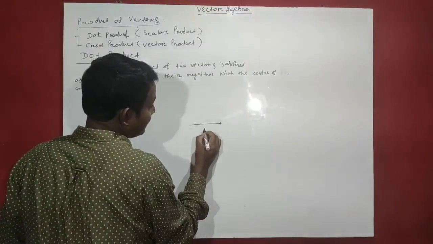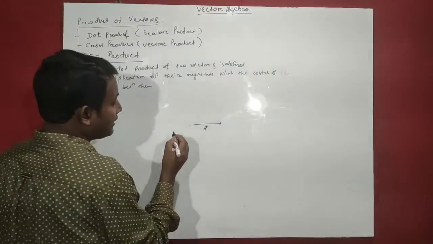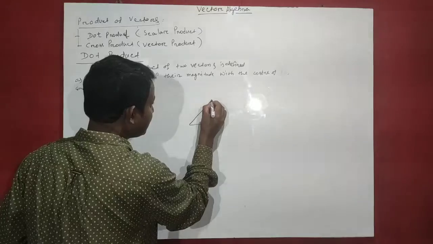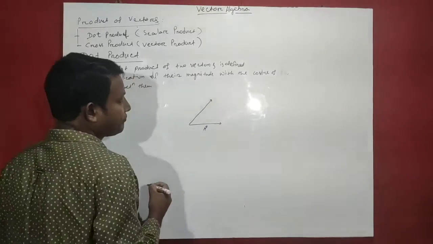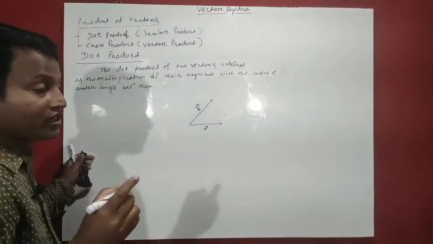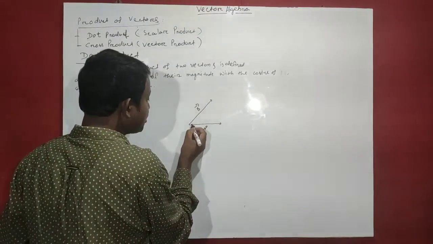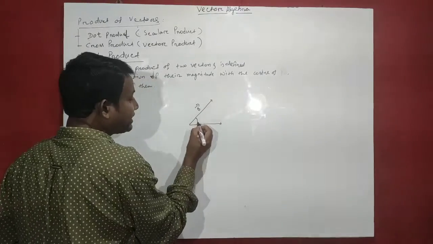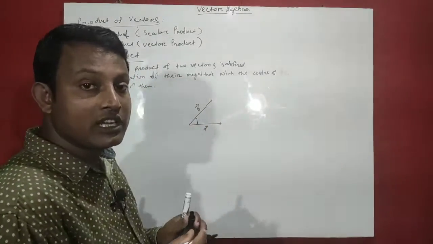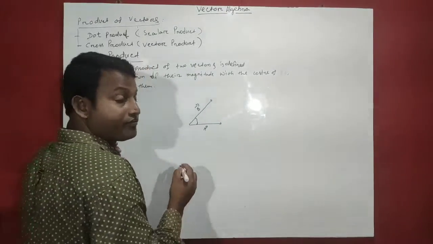It is a vector A and another vector B. The angle between the two vectors is always the smaller angle. This angle is not permissible. When we find the angle between two vectors, we always take the smaller angle.